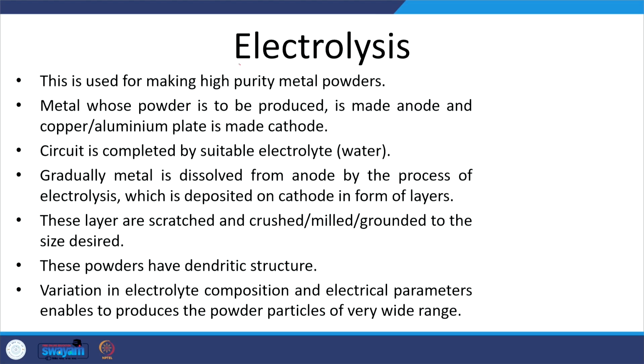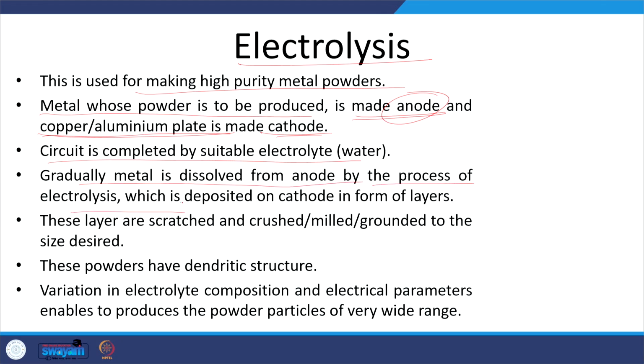So this method of electrolysis is particularly used for making high purity powders of metals. The metal whose powder is to be made is connected to the positive terminal to make it the anode, and another copper or aluminum plate is used as a cathode to complete the circuit for the electrolysis. The circuit is completed by using a suitable electrolyte like water, and gradually metal is dissolved from the anode by the process of electrolysis.